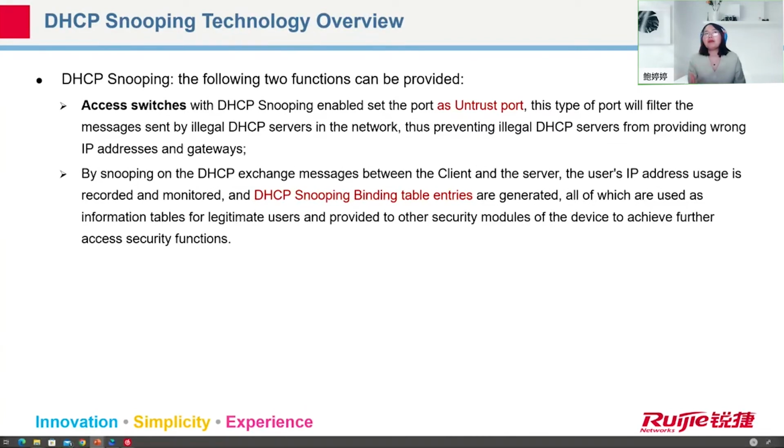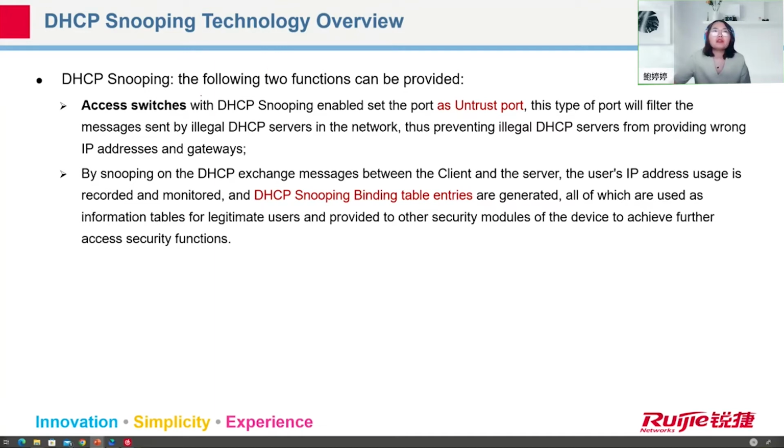Then when it receives the offer message from these two DHCP servers, the switch also directly forwards the messages to the PC, and the PC will not know which information is correct and which is incorrect. So we can deploy DHCP snooping to let the access switch know which messages should be correct and which are incorrect.